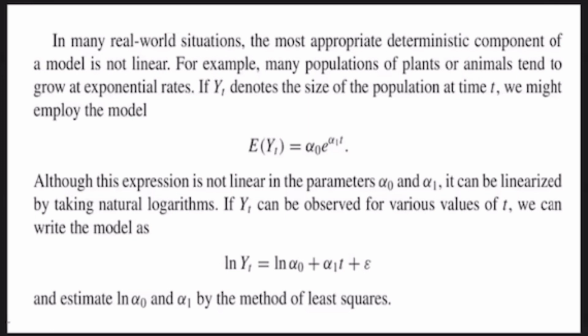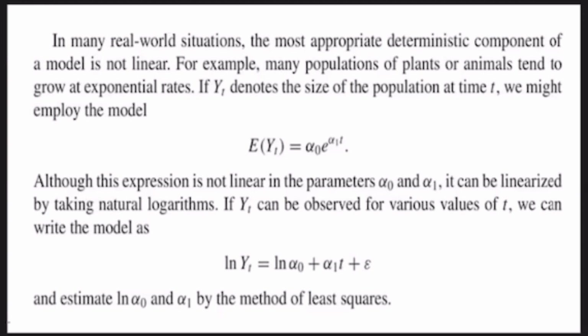Now, I also want to cite a biological example. For instance, if I'm talking about a population of plants or animals that tend to grow exponentially, not arithmetically. When something grows exponentially, you don't assume a linear relationship.